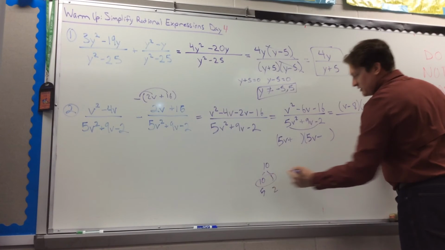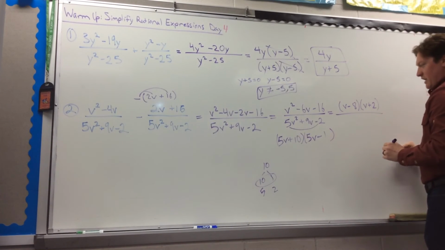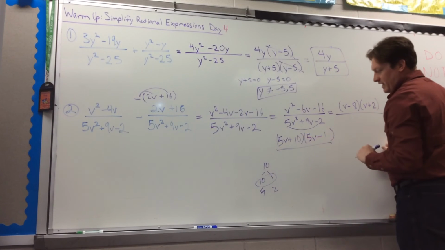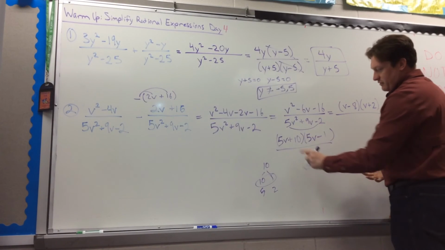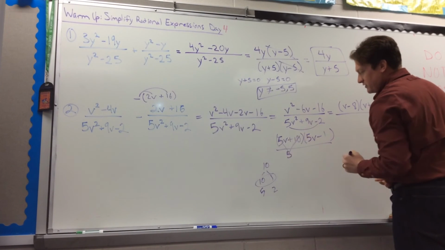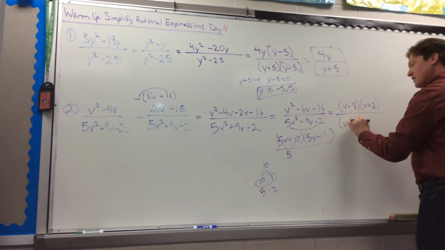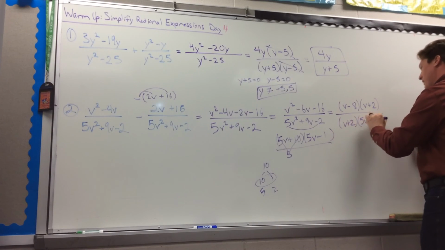This one's the only one that gets me 9, so positive 10 and a negative 1. So now I need to figure out which one of these I can take a greatest common factor of 5 out of. It's going to be this first one right here, which will give me v plus 2. So I've got v plus 2, and I've got 5v minus 1.